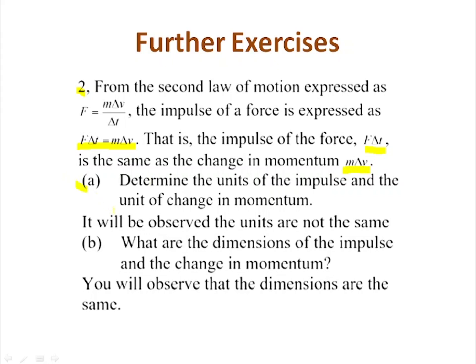Determine the units of the impulse and the units of the change in momentum. It will be observed that the units are not the same. What are the dimensions of the impulse and the change in momentum? You will observe that the dimensions are the same.